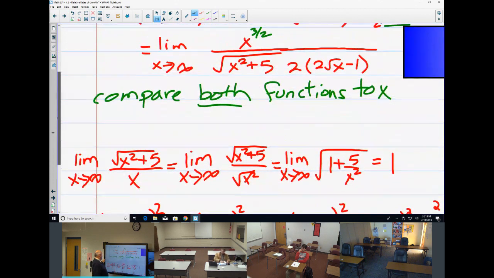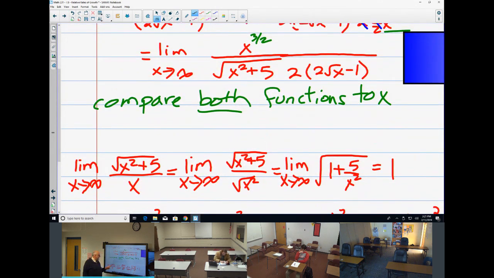Okay, so if I take the radical and compare it to x, then I get infinity over infinity. So I take the derivative. Oh no. Here, look at this right here. This is a good algebra trick. Let me call your attention to this.